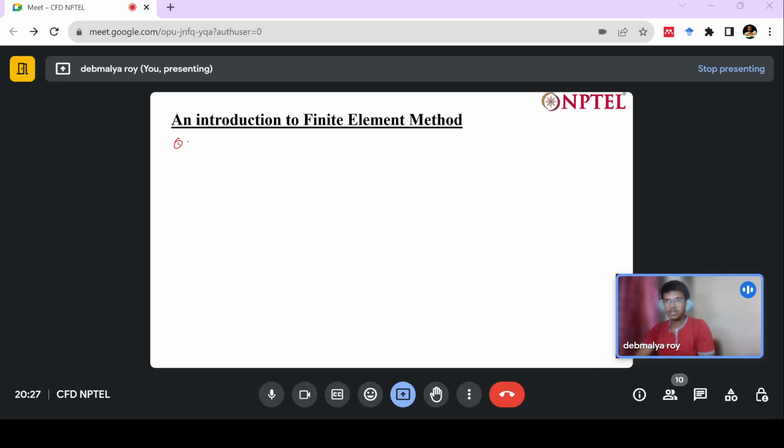One is the least square, point collocation, Galerkin, and Rayleigh-Ritz. These are the methods that we have so far studied. So these first three are examples of weighted residual approaches.